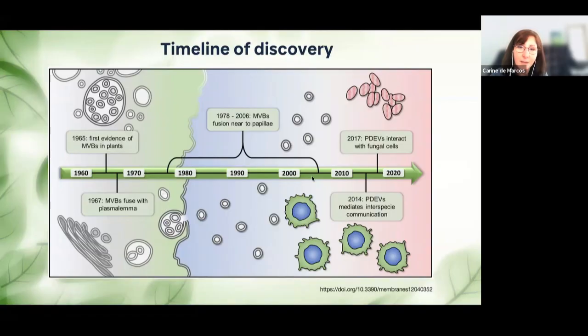But between this time and now, it took more than 50 years to understand what these vesicles were. And it's only recently, in the 2000s and later, that plant extracellular vesicles are recognized as an entity, with a paper in 2014 showing that there is a mediation of plant-derived extracellular vesicles for interspecies communication.